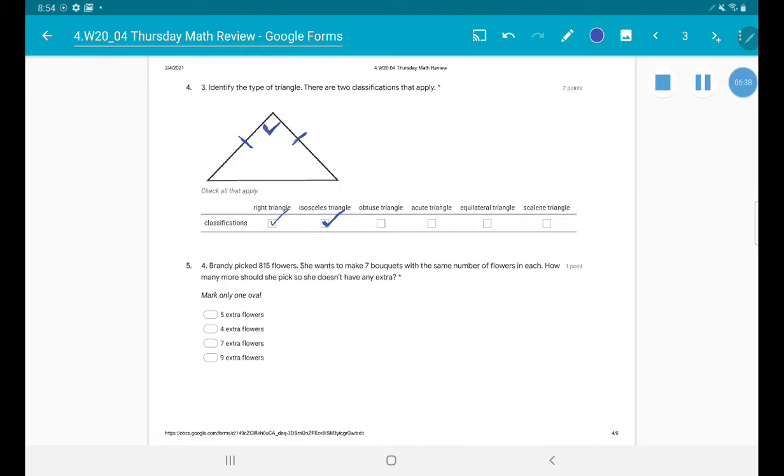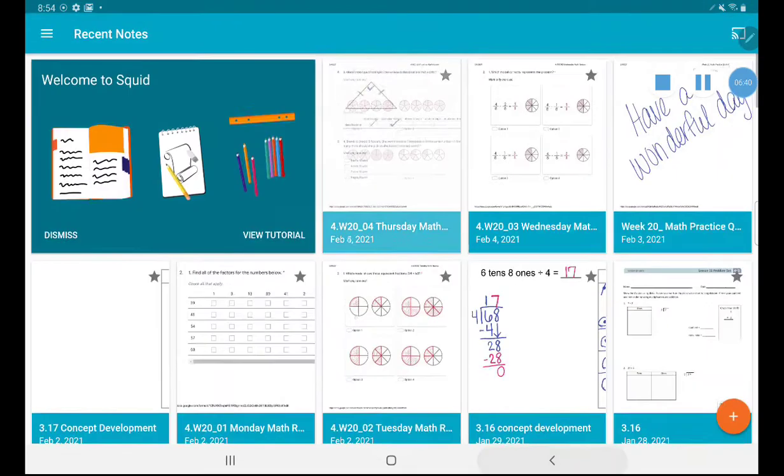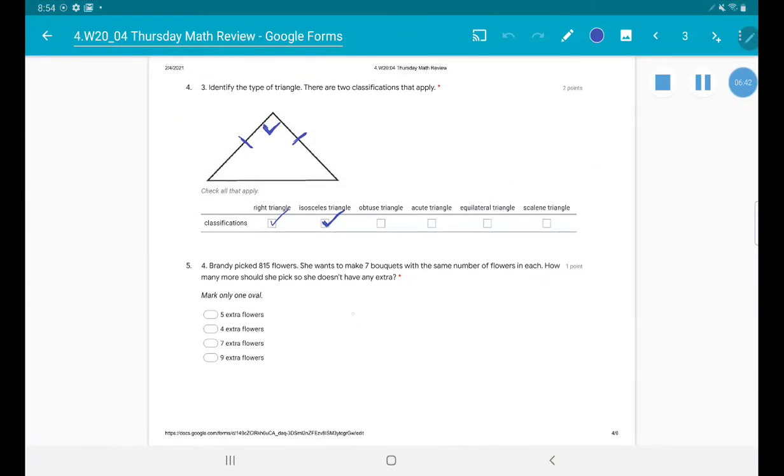I'm going to divide. You're exactly right. I'm dividing 815 into how many groups? How many bouquets does she want to make? 7. So 815 flowers into 7 bouquets.